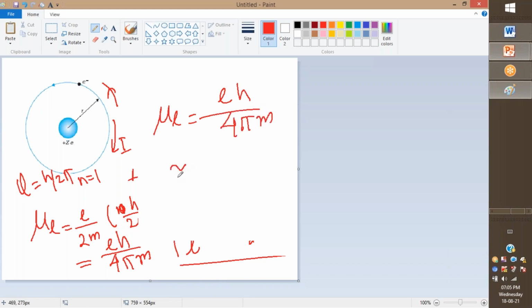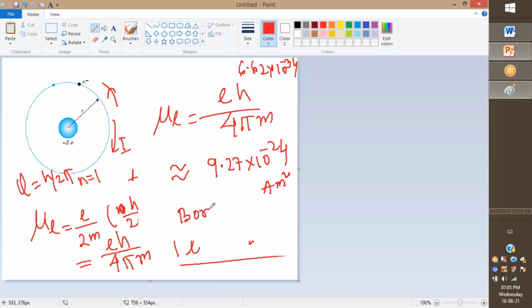If you put in the values, e as the electronic charge, h as 6.6 × 10^-34 joule second, and m as the mass of the electron, you get 9.27 × 10^-24 ampere meter squared. This is called the Bohr magneton.